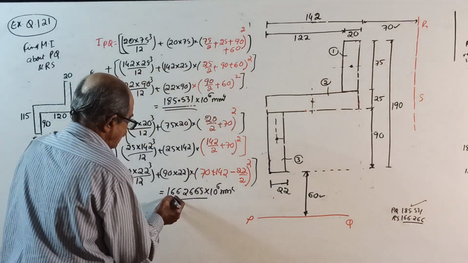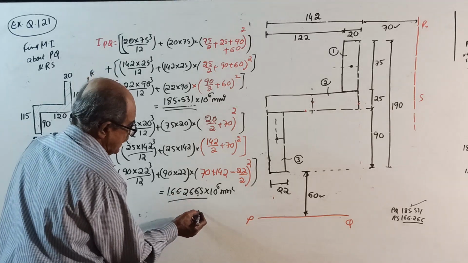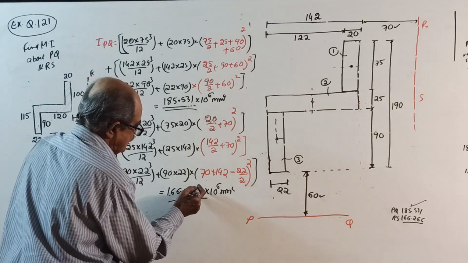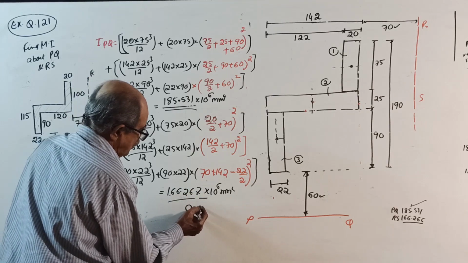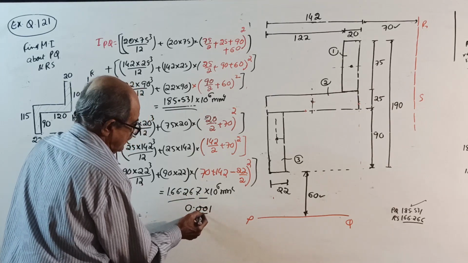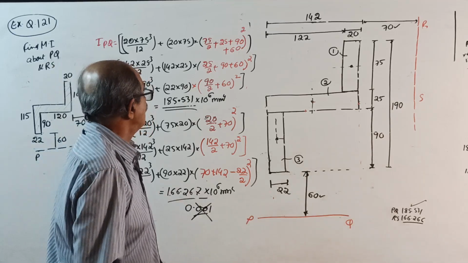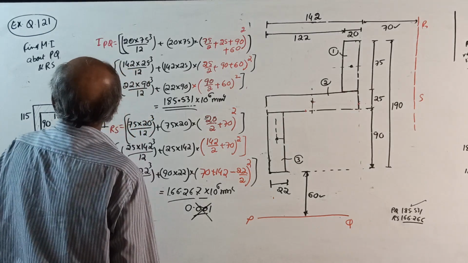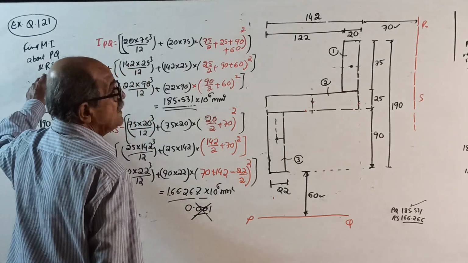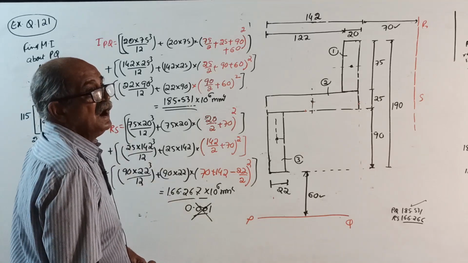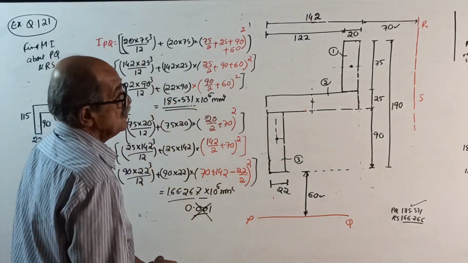If you round off here, it is 166.267. A 0.001 error is nothing; that is because of approximation. Same answer, what I got. Okay. Question number 121 correct. 119, 120, 121 correct.